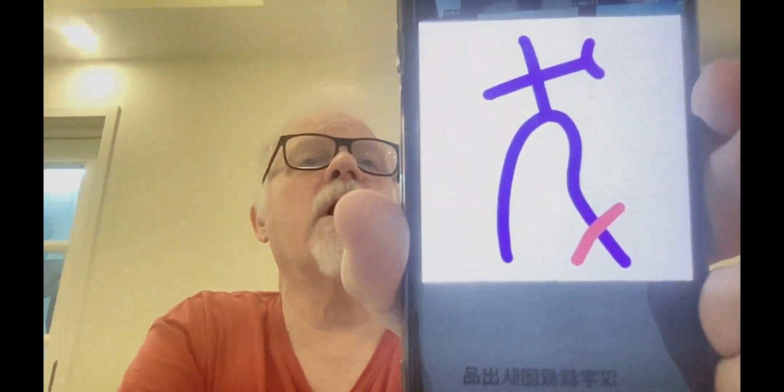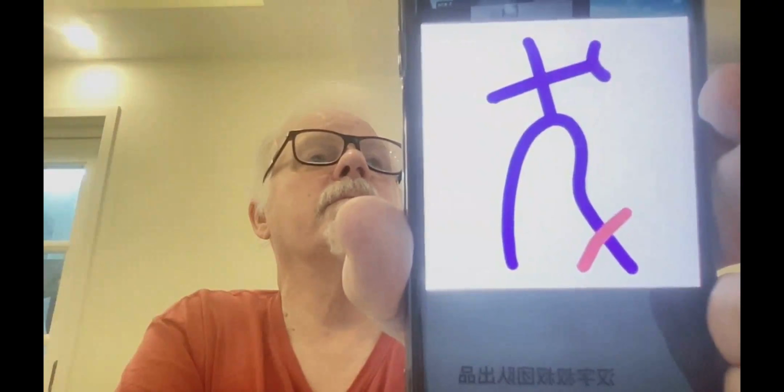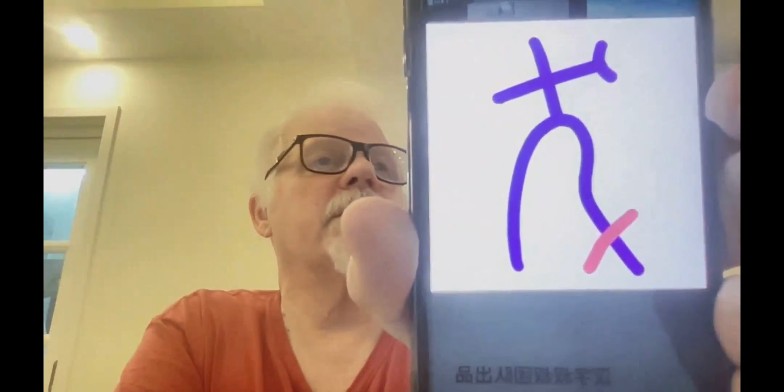We studied the word for dog last week. This is the character 2,000 years ago. It's a seal character. The blue part is the dog, quan, and the red part is the leash on the dog.